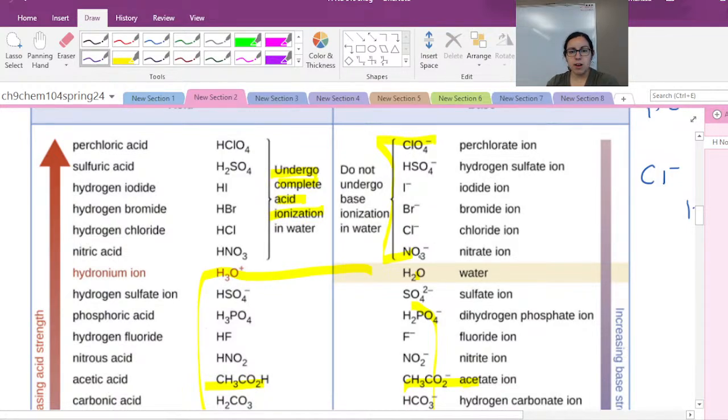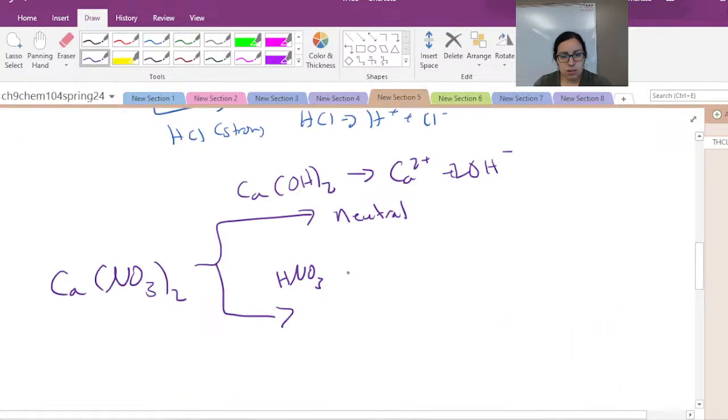It's a strong acid, and then the nitrate, it's telling us it's not going to reform. So equilibrium lies all the way to the right. Nitrate isn't going to reform nitric acid, so our nitrate is neutral. Is that making sense for these salts so far? Maybe?